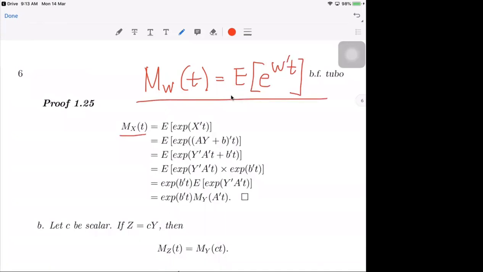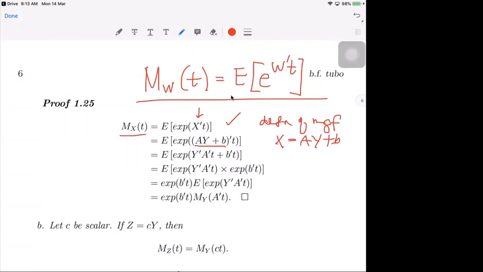So the moment generating function of X is the expectation of the exponential of X prime t, by definition. And how X is defined, X is equal to AY plus b. So X will be (AY plus b) prime t.